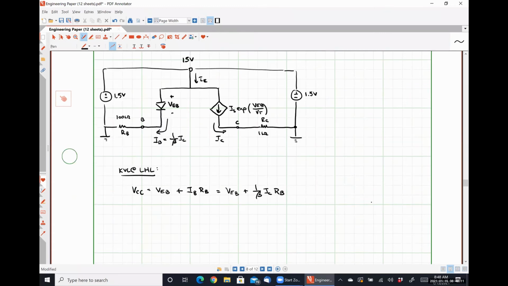If I do Kirchhoff's voltage law around the right-hand loop, what am I going to get? Anybody care to venture a guess?